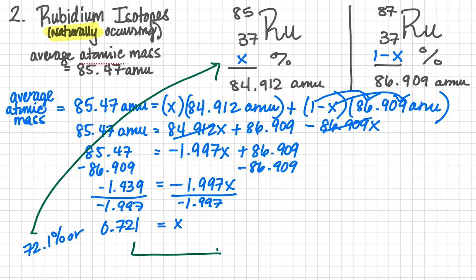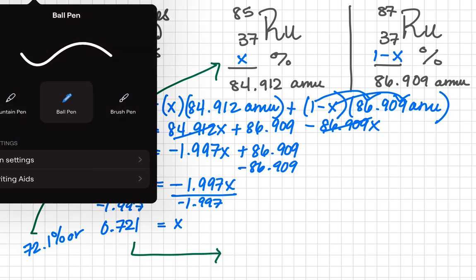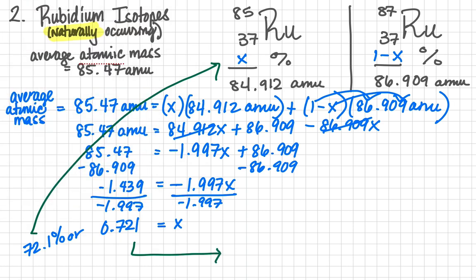And then to find the other value, which is 1 minus x, 1 minus 0.721 is equal to 0.279, or 27.9%. Both these percentages, 72.1 and 27.9, equal 100.